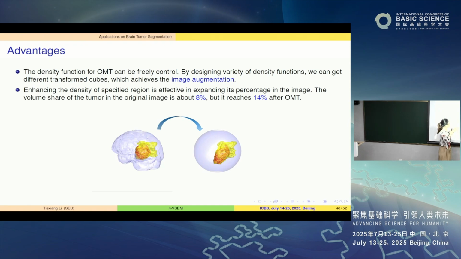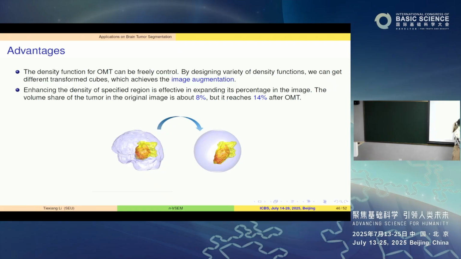Because we define different values as the density function at different positions, we let the density on the tumor region be higher. Because our map is a mass preserving map, in this domain the tumor region will be enlarged, because we require mass preserving.